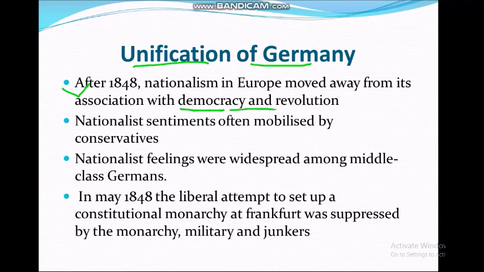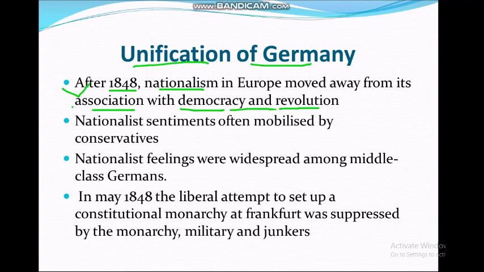Till 1848, nationalism was associated with democracy and revolution, from the French Revolution to the revolution of the liberals who made the Frankfurt Parliament. In that period, nationalism was bonded with democracy and revolution. But after this, nationalist sentiment was picked up by the conservatives. Read this point again and try to understand.